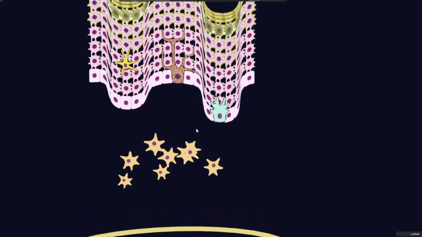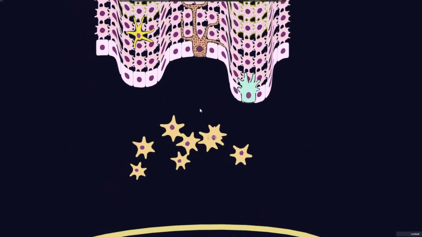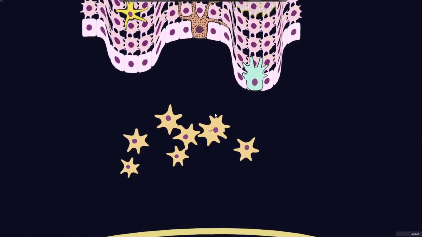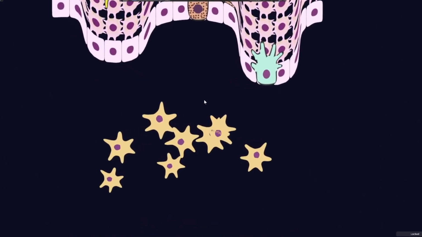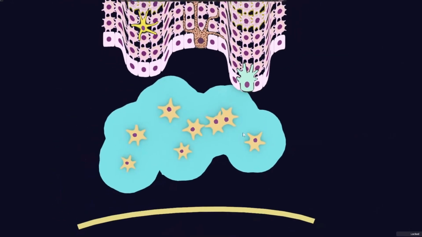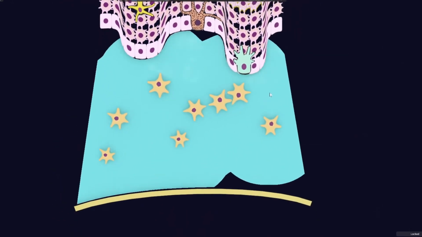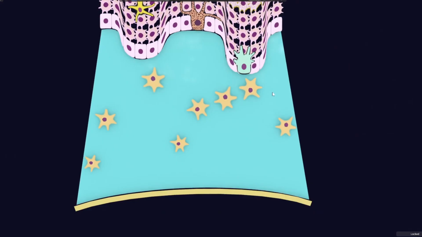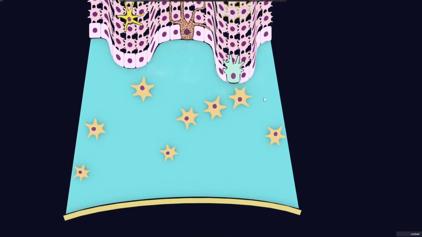They will proliferate and transform, they will become specialized, and they will release certain chemicals such as glycosaminoglycans, hyaluronic acid, and other chemicals that will pull water here. So they will spread a bit far apart from each other like this. So this glycosaminoglycans and water and other substances here is basically called ground substance.